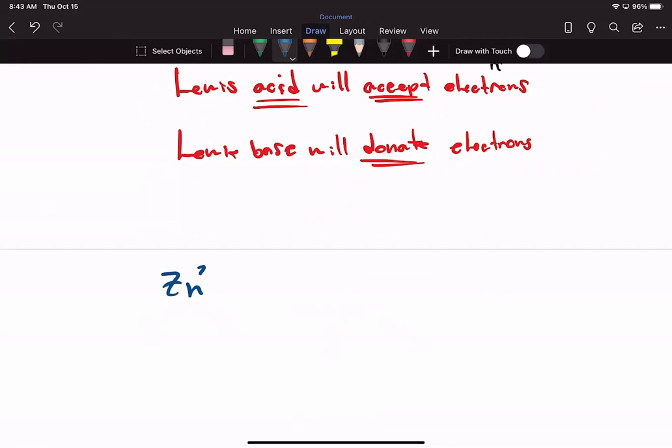So we could say zinc 2 plus, and then let's add 4 hydroxides to that. Let me put in my electrons here. From this, Lewis acid, Lewis base: we already know that hydroxide's a base, but look at all these electrons here.